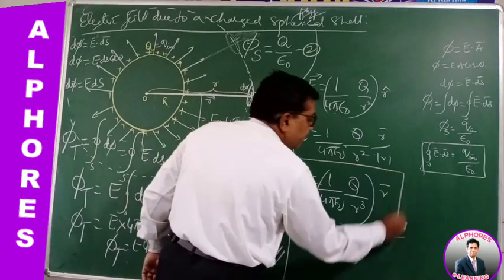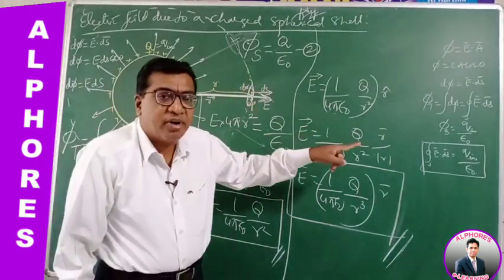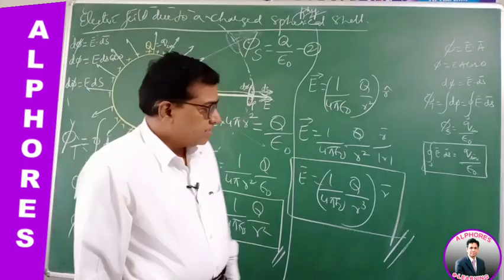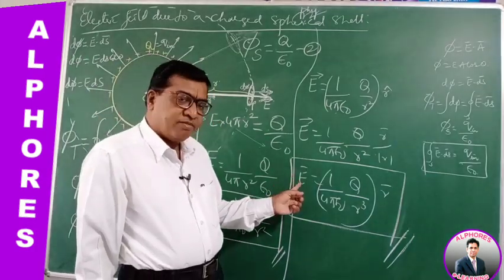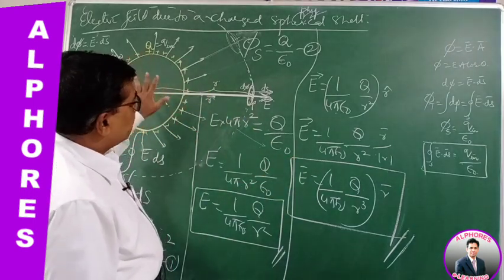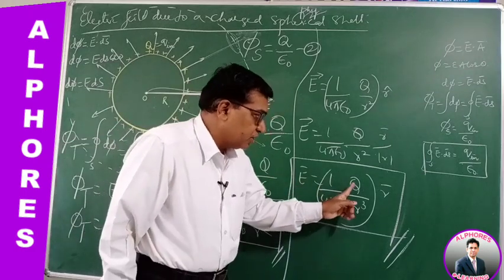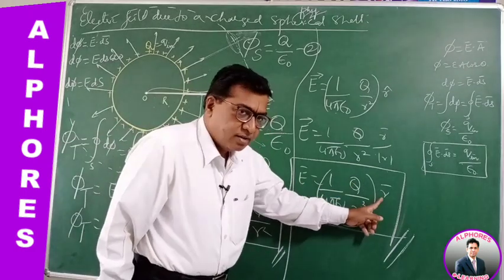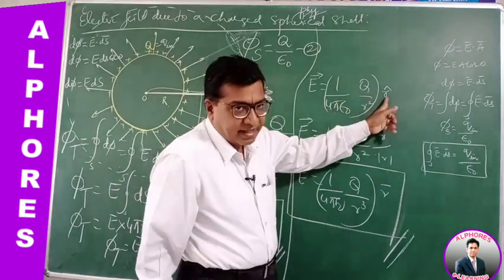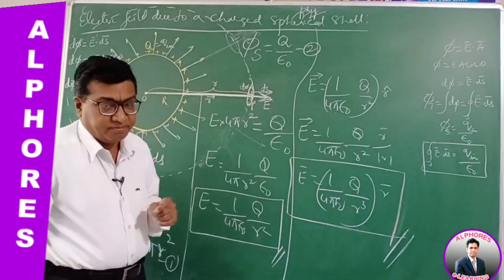This is the vector form of the electric field intensity at any outside point of a charged hollow sphere, or charged spherical shell: E bar is 1 by 4 pi epsilon naught Q by r cube into r bar, or 1 by 4 pi epsilon naught Q by r square in the r cap direction. The magnitude is E equal to 1 by 4 pi epsilon naught Q by r square.